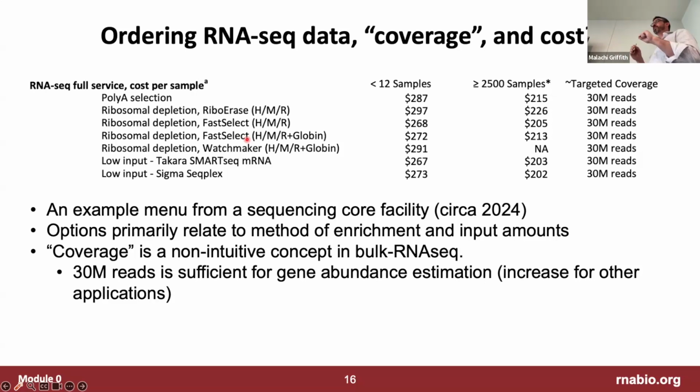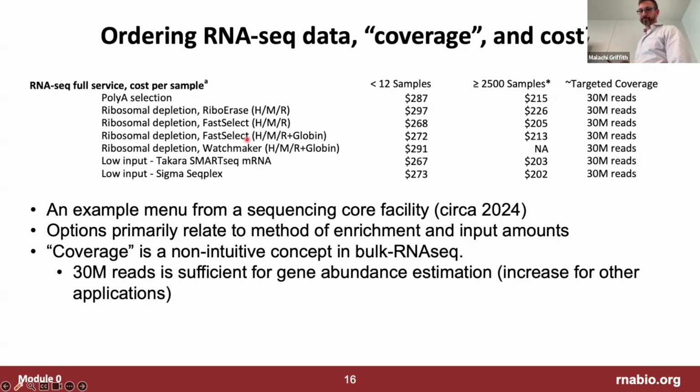Then you don't just need a count for each gene, like, oh, there are some reads over here at the 3' end of my gene, I can estimate abundance from that. You need coverage of the whole transcript length so that you can detect the nucleotide alleles you're interested in. All of those kinds of things violate the assumption that they were basing this 25 to 30 million estimate on. So you need to think about those things when you're ordering your data, so you can up the amount of data generation accordingly.